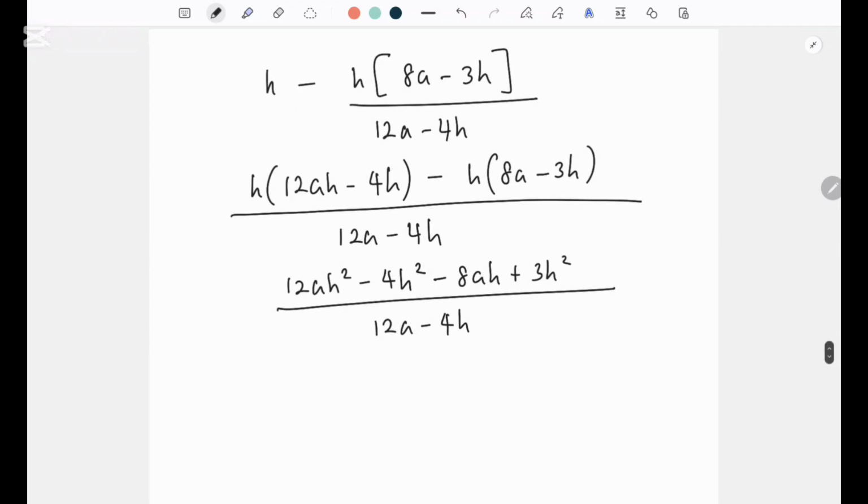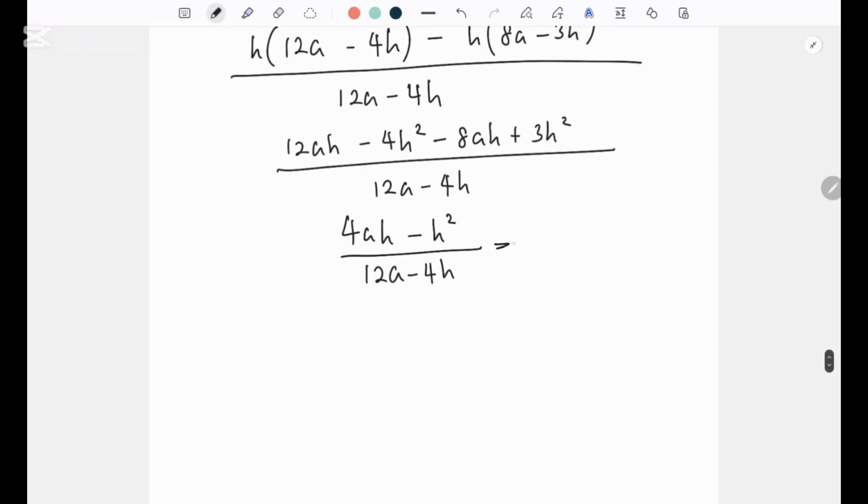So now you get 4a. Hold on a minute. I think I made a tiny mistake. This should be h. That's just 12a, alright? So it's 12ah here. So it's 4ah minus h squared over 12a minus 4h. So we can take h from the numerator out. You can take h out, and you can write 4a minus h, right?